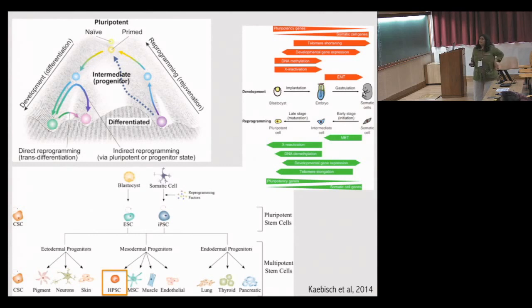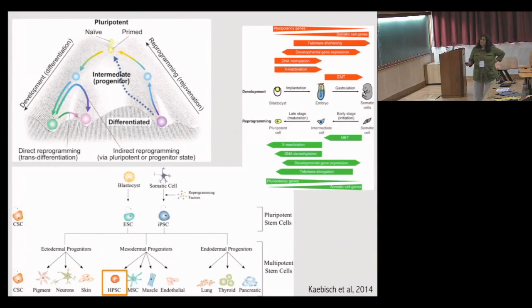So Waddington called this the epigenetic landscape for differentiation. What I just showed you was that development goes in this direction, of increasing commitment. And the experiments I showed you go in this direction, where you have a differentiated cell and you're bringing it back to a more pluripotent cell.